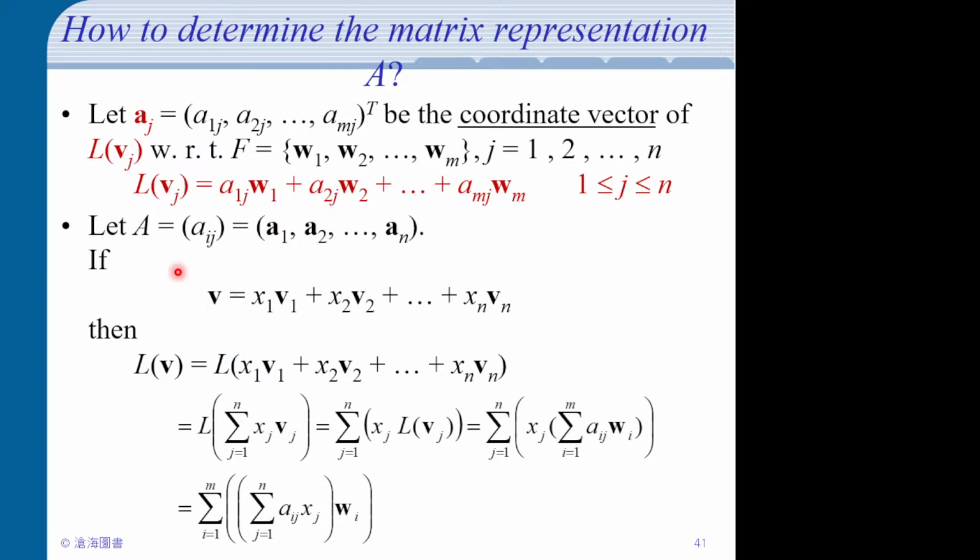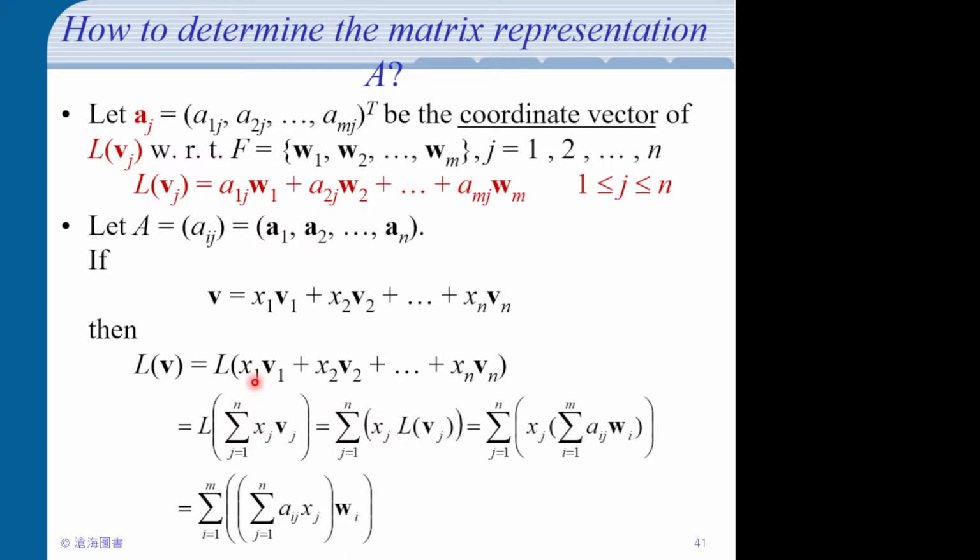Every vector inside V is a linear combination of this basis, so you have coordinates x1, x2 to xn. So L of V is L of this linear combination, and there are too many terms, so let's use a more efficient notation.